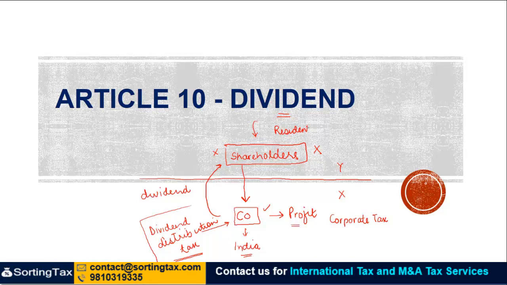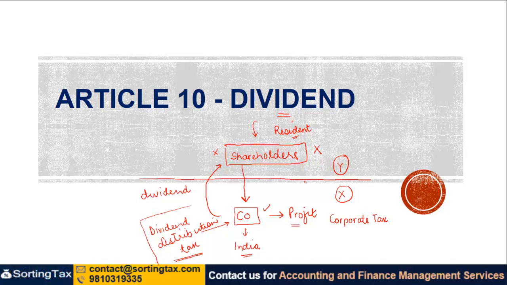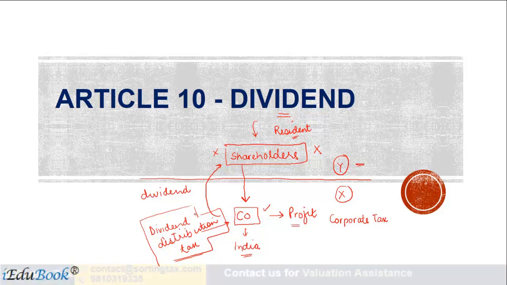Because normally, if the shareholder had paid tax on dividend in country X, and there is a tax liability on such dividend in country Y, he could have offset the tax paid in country X on dividend. Many treaties do not specifically address the issue as to whether this dividend distribution tax will be considered as a tax paid on dividend and eligible for credit in country Y.